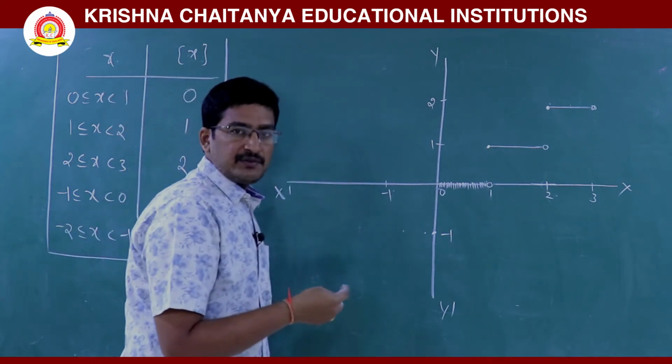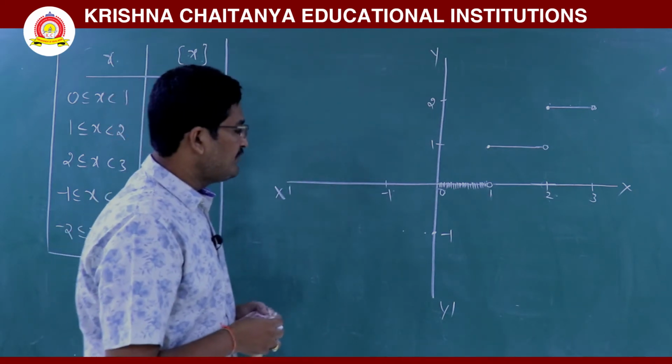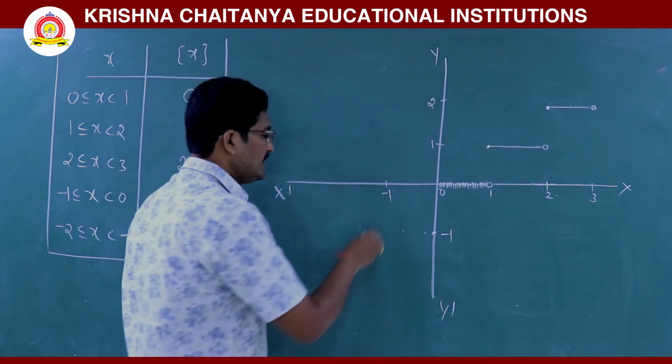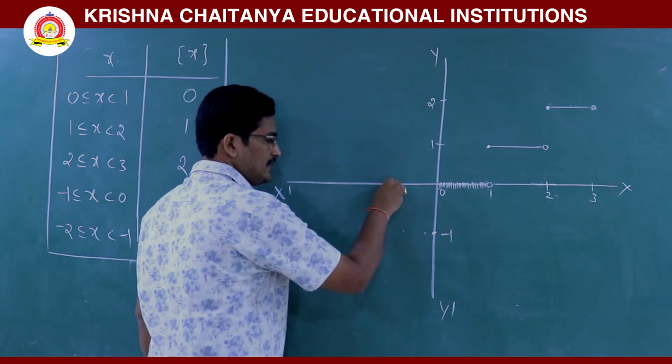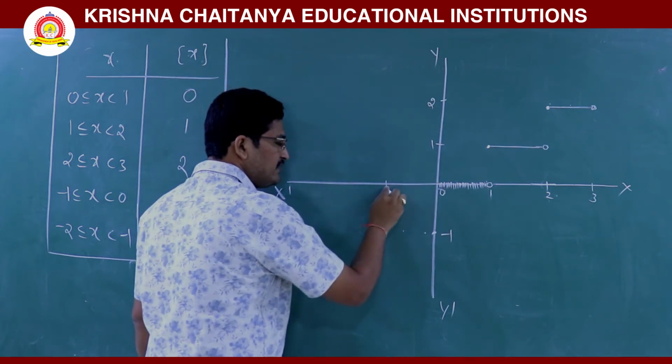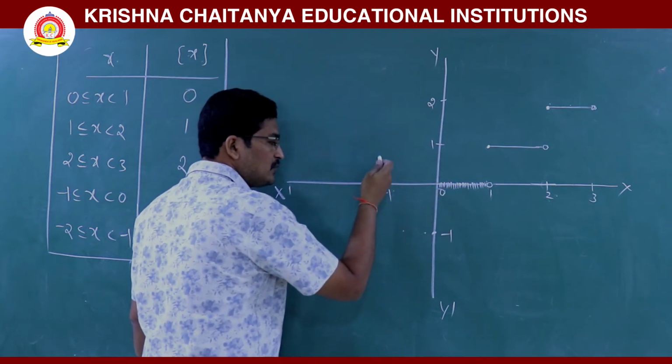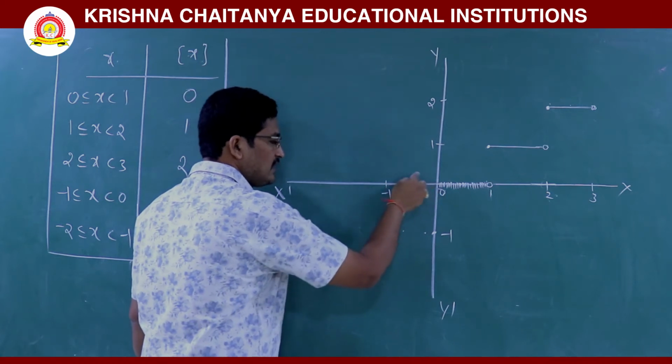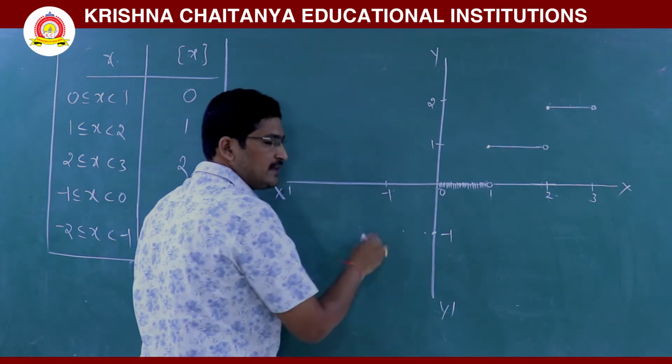Up to the value before -1. All of the values lie between -1 to 0, but we do not take x equal to -1. These are all the values having step value -1.